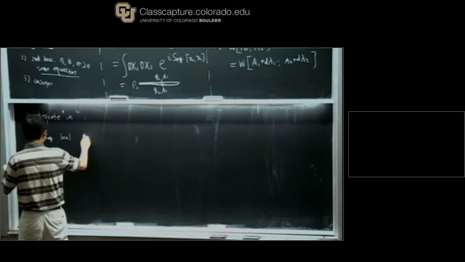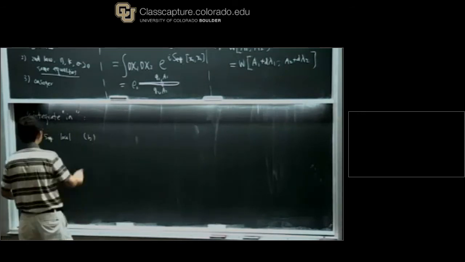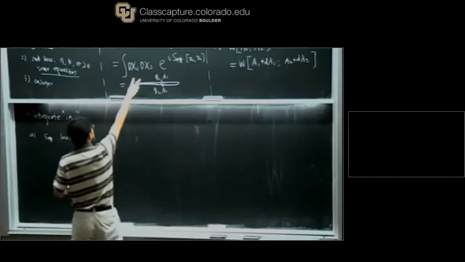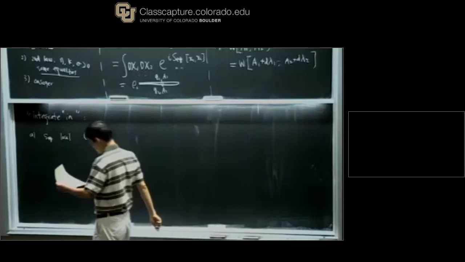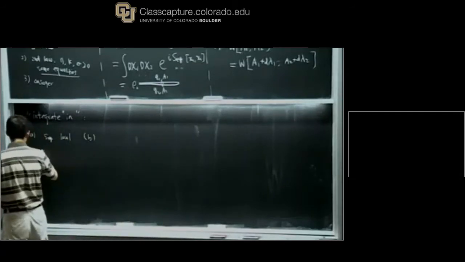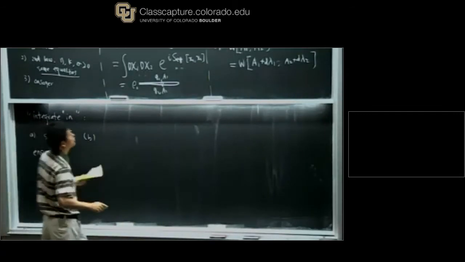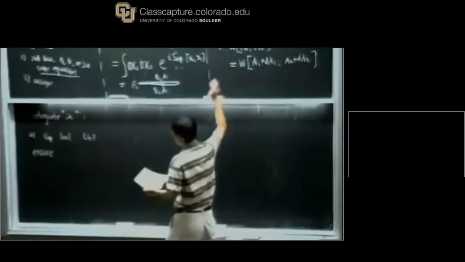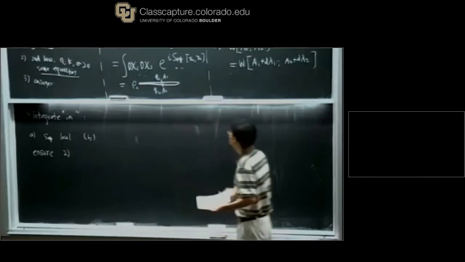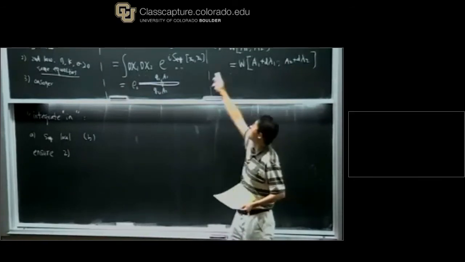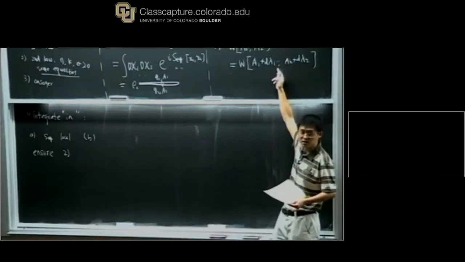The second clue is that this gapless mode must appear in this effective action in a way to ensure equation 2. So whatever the gapless mode is, this has to be ensured at a fundamental level.